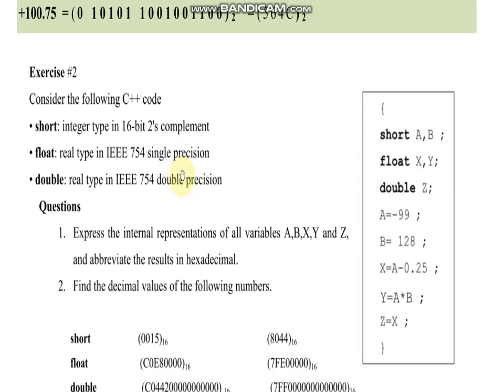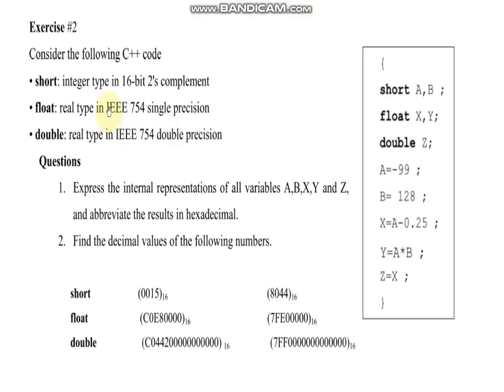Exercise 2. Consider the following C++ code. So we have 3 types. Short for integer type in 16 bits in 2's complement. Float is IEEE 754 single precision, and double for double precision.